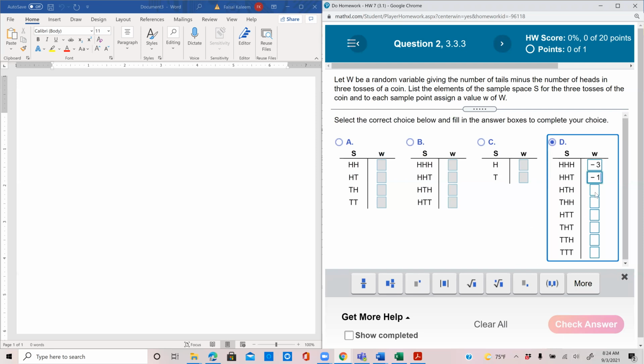This would also be -1, 1 tail and 2 heads. 1 tail and 2 heads. Now here we have 2 tails and 1 head, so that 2 minus 1, which is 1. Again, 1, 1. Here we have 3 tails and 0 heads, so 3 minus 0, which would be 3.